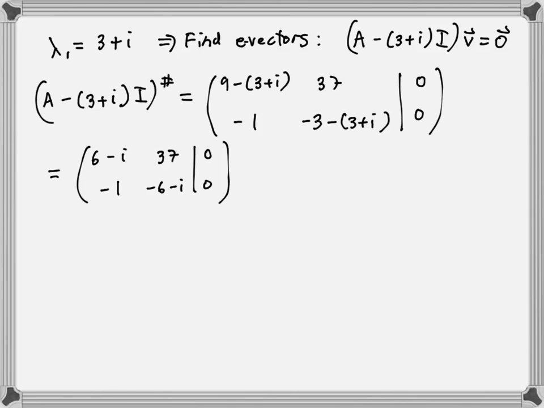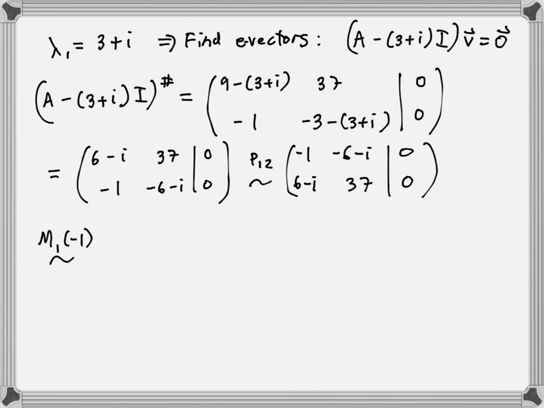What now? I'm going to permute the first and second row because I already have an almost 1 in the second row, right? So I'm going to permute rows 1 and 2, and we're left with -1, -6 minus i, 0. And then 6 minus i, 37, 0. And I'm going to multiply row 1 by -1. We get 1, 6 plus i, 0.